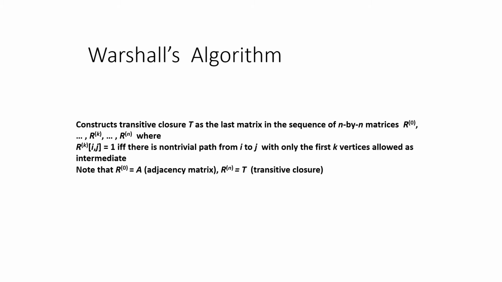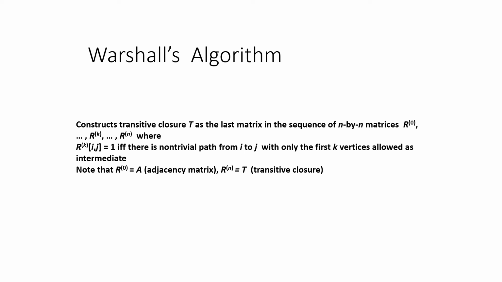Otherwise, you can say R power 0 is an adjacency matrix, a matrix which does not involve any intermediate vertices. Here, R power k, we say it is 1 if and only if there is a non-trivial path from i to j.